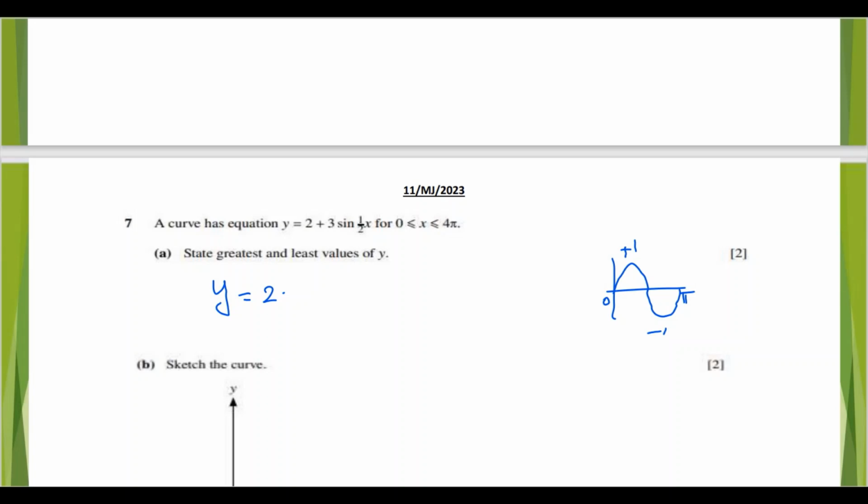So y is equal to 2 plus 3, and y is equal to 2 minus 3, multiplied by -1 gives -3. So 5 and -1. These are the greatest and least values of y. You will get the greatest value 5 when x equal to pi, and when x equal to 3 pi you will get the negative value, that is the least value.